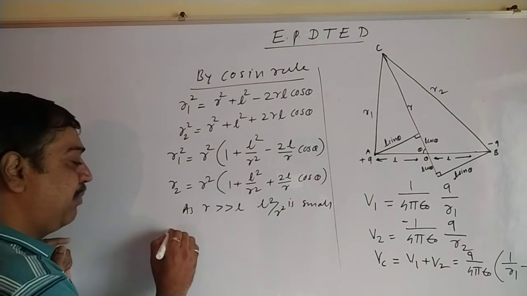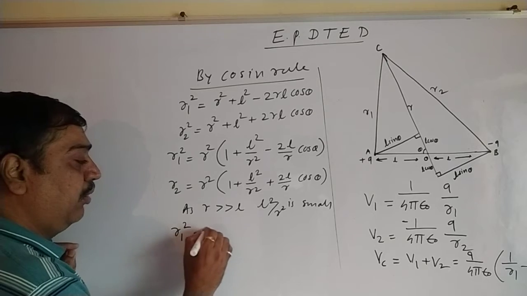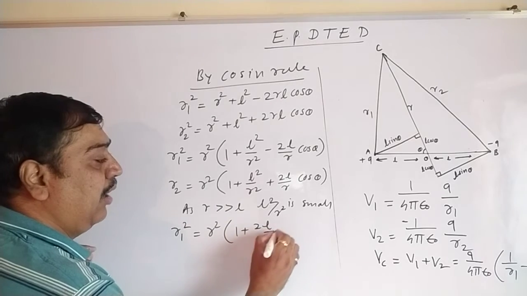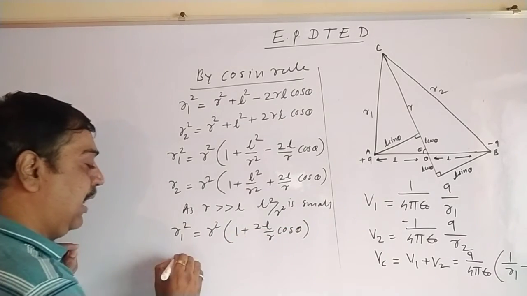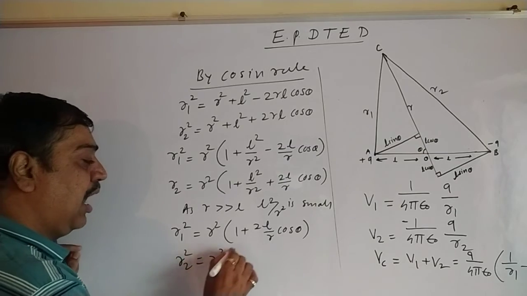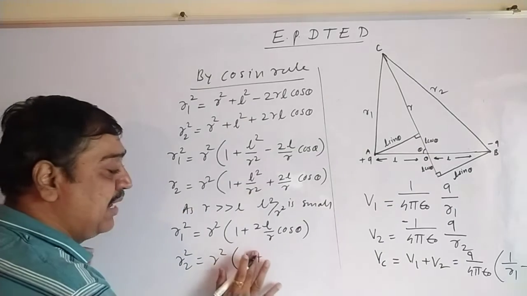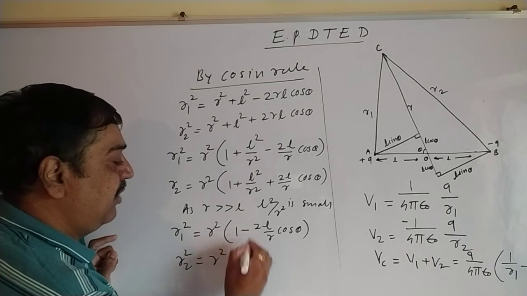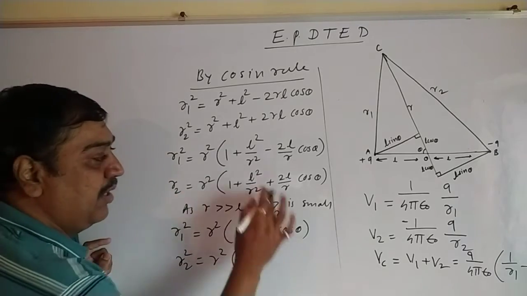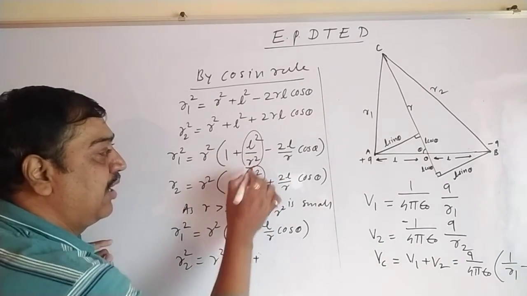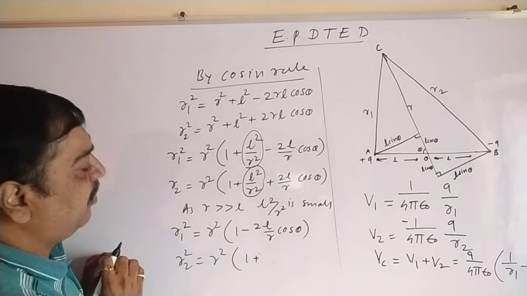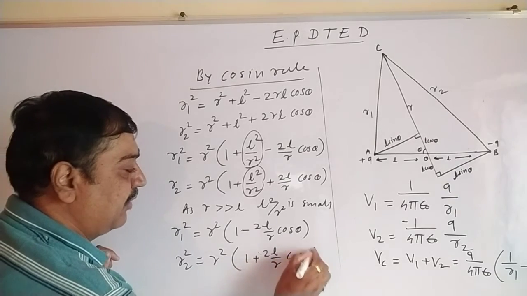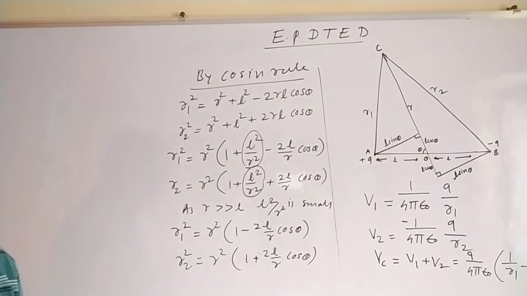We can rewrite the same equations as R1 square equal to R square in the bracket 1 minus 2L by R cos theta, and R2 square equal to R square in the bracket 1 plus 2L by R cos theta. These two terms are neglected, so we get these two equations for R1 and R2.